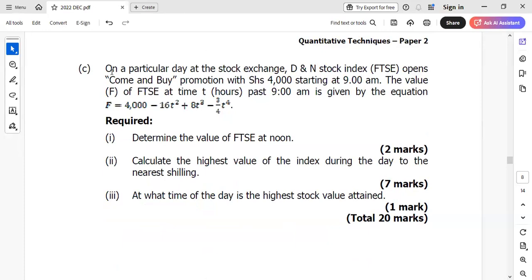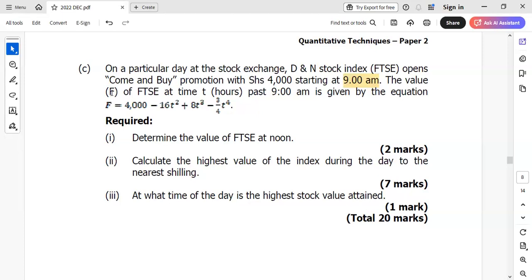We are told that on a particular day at the stock exchange, the FTSE stock index opens at 4,000 starting at 9 a.m.